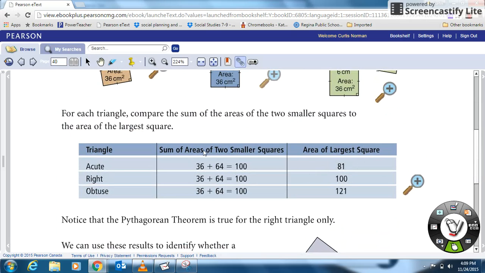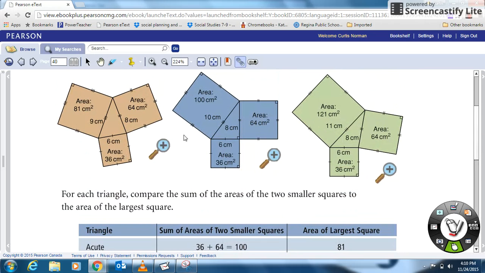Anytime the area of your largest square is less than the sum from the Pythagorean theorem, we are going to call it an acute triangle. So this red triangle would be an acute triangle.